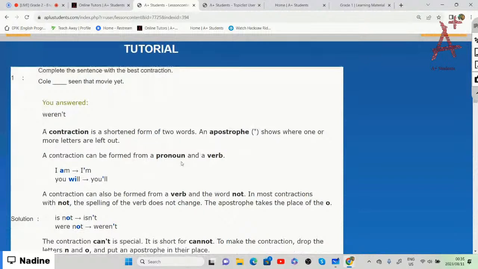A contraction can be formed from a pronoun and a verb, and it can also be formed from a verb and the word not. In most contractions with not, the spelling of the verb does not change. The apostrophe takes the place of the O that we left out.